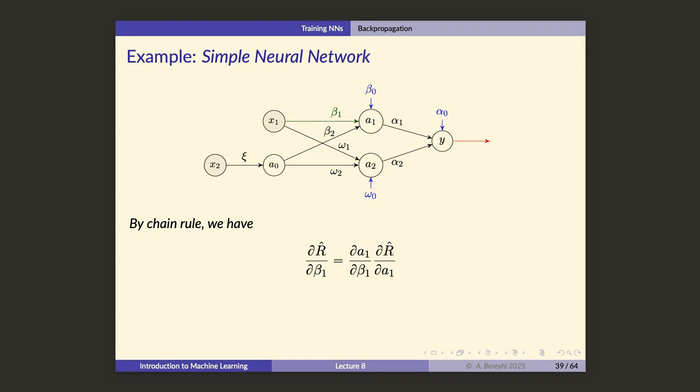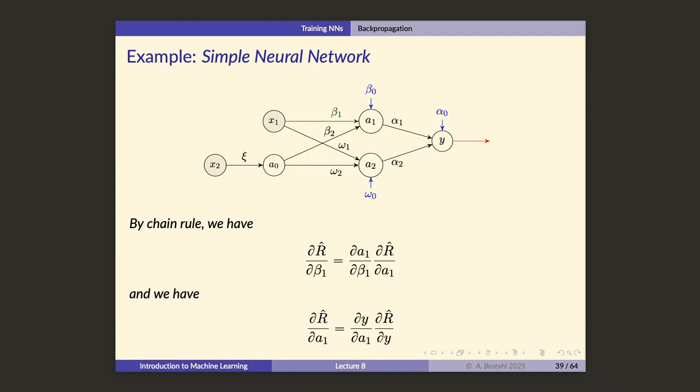What is the next node? Y. I'm going to end up with a loss, right? Loss is computed at the output, correct? So now if I want to do that, I would say that the derivative of r hat with respect to A1 is essentially the derivative of r hat, the loss, with respect to y, the output, times the derivative of output with respect to A1.